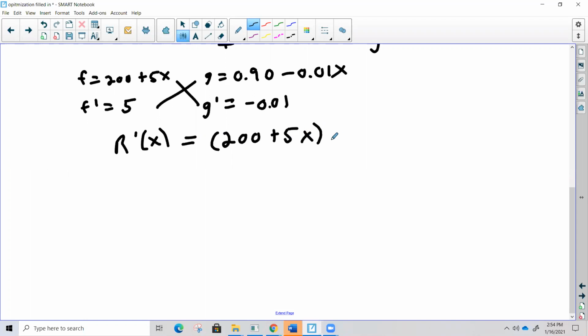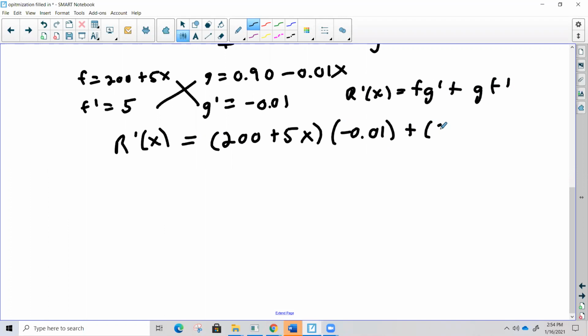So I'm going to do, remember our product rule, I write it out in symbols, f times g prime plus g times f prime. So I have 0.90 minus 0.01x times 5.